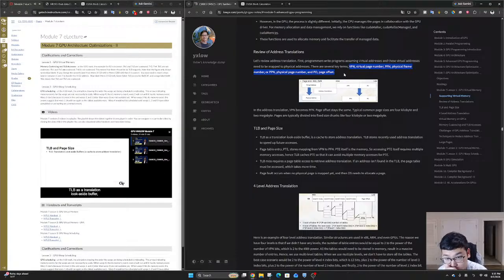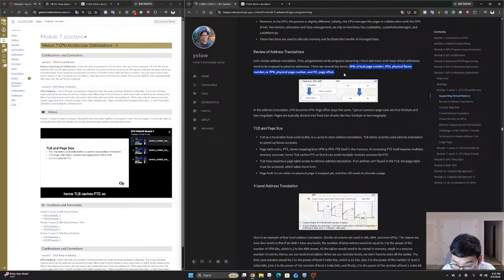TLB, the translation lookaside buffer, is a cache to store address translation. TLB stores recently used address translation to speed up future accesses. Page table entry, PTE, stores mapping from VPN to PFN. PT itself is in memory, so accessing PT itself requires multiple memory accesses.